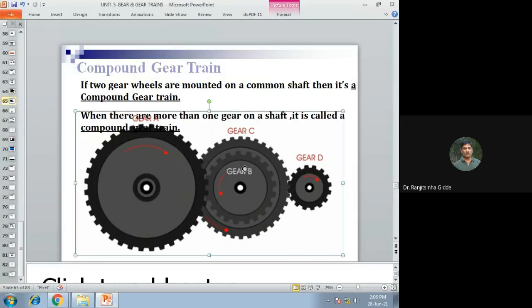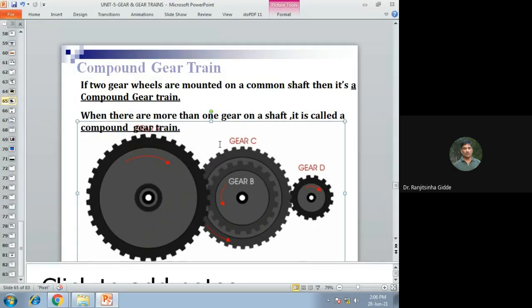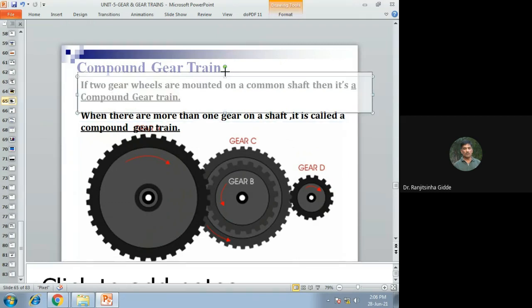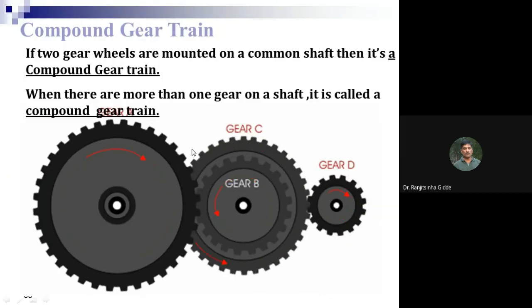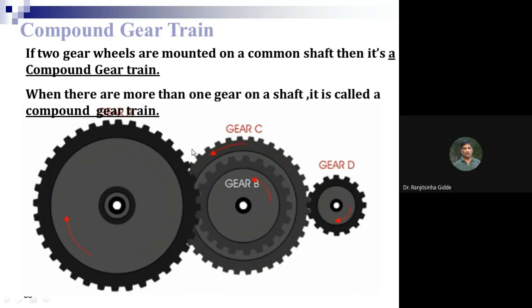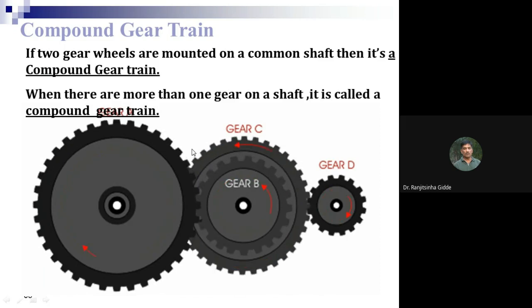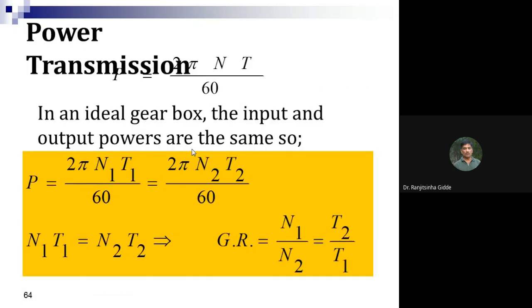Now the next type, that is compound gear train. First, already we know power transmission P is equal to 2 pi NT divided by 60.